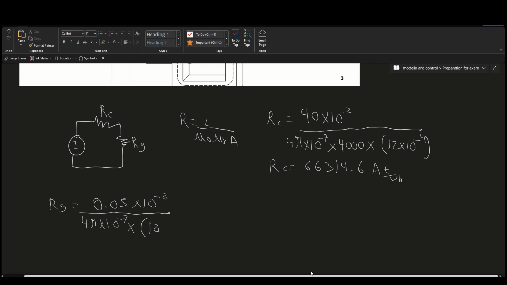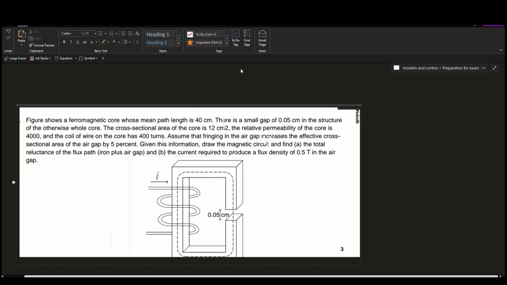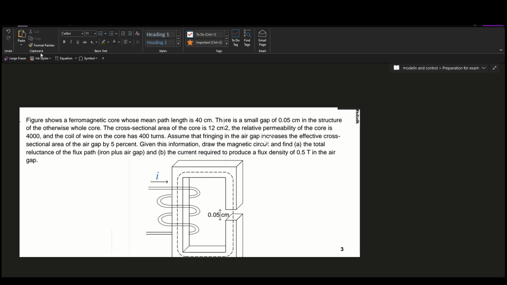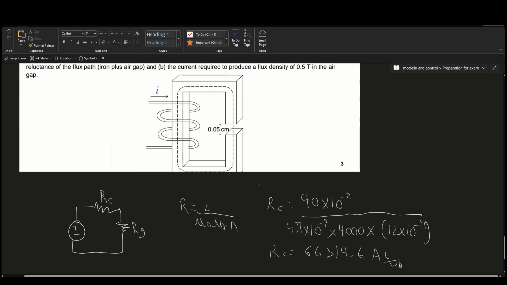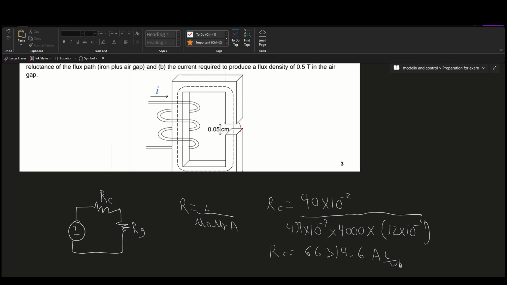But here we need to be careful, because it is telling us that the air gap increases the effective cross-sectional area by 5%. When it says this, it means that the flux travels a little bit away from the core.